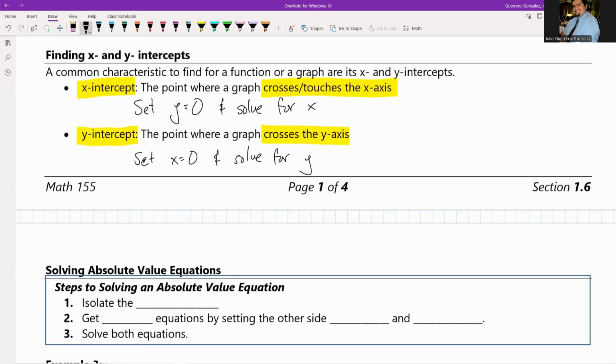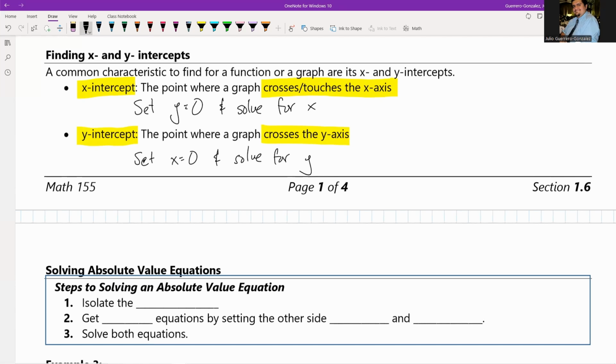There we go. So for the x-intercepts, we set y equal to 0 and solve for x. And for the y-intercept, we set x equal to 0. So they go backwards, and that's usually how people remember. If you want x, you set y to 0. If you want the y-intercept, set x equal to 0.